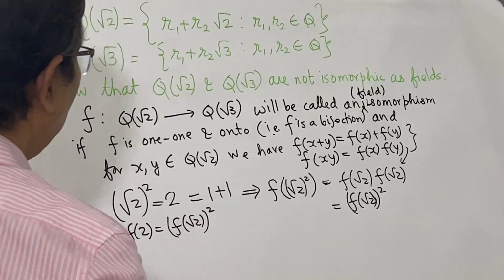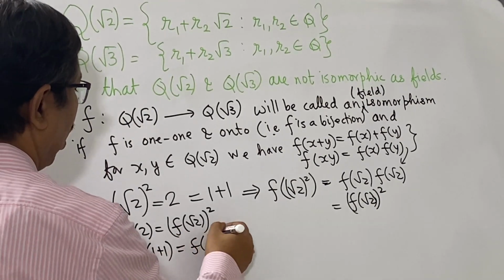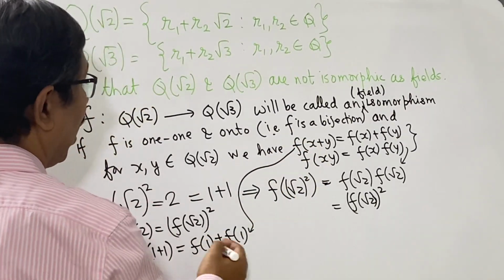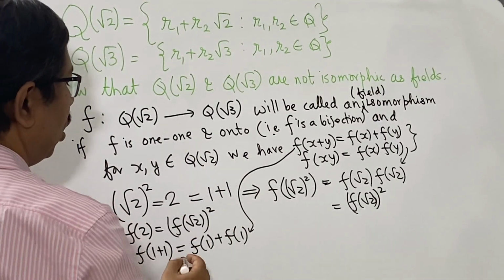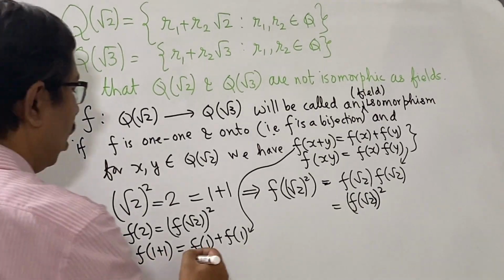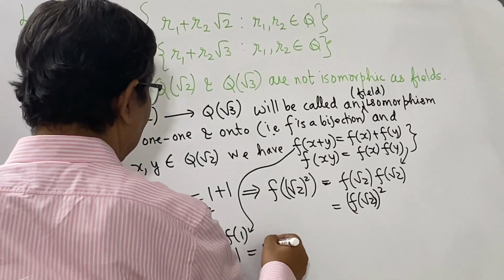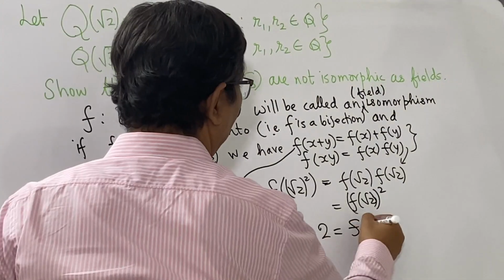Now f of 2 is f of 1 plus 1, which is f of 1 plus f of 1 by this property, and f of 1 is 1 because 1 is the identity of Q root 2, and the identity of one field is mapped to the identity of the other field in case of isomorphism. So f of 1 is equal to 1, and therefore we get that this is equal to 2. So f of 2 is 2, and that is equal to f root 2 square.